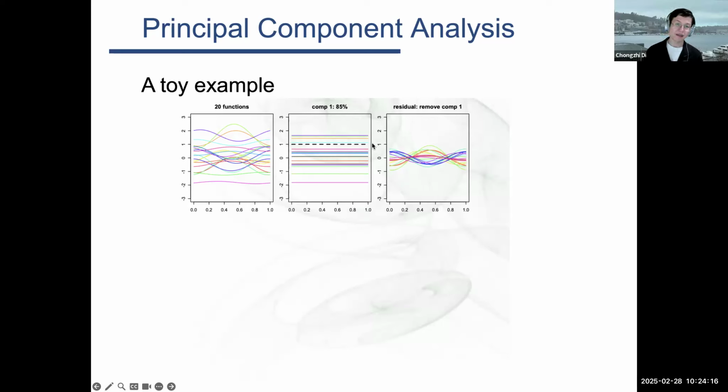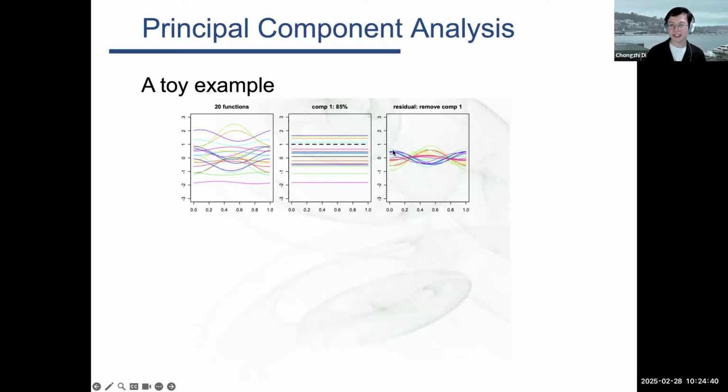And if you are still not happy with that and want to see what additional features you can extract, what we can do is take the difference between the original curve and this first principal component. If you calculate the residuals, you get the curves in this figure.